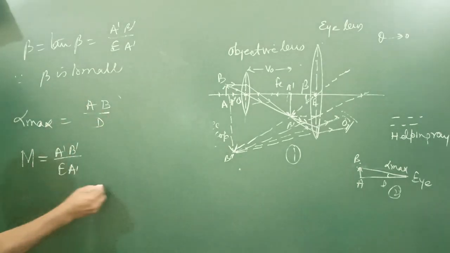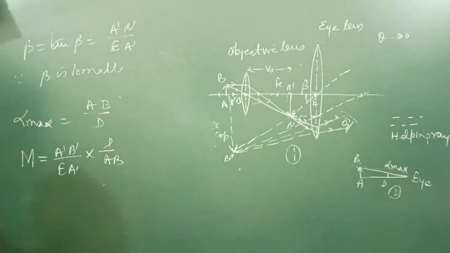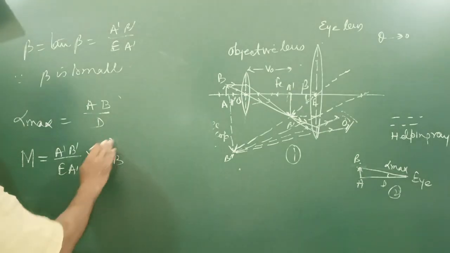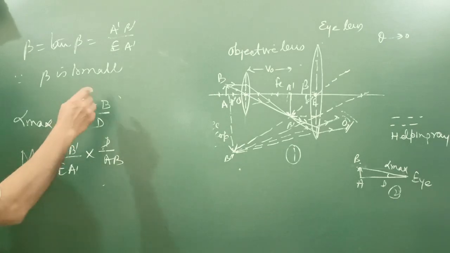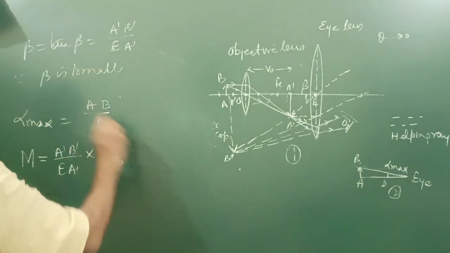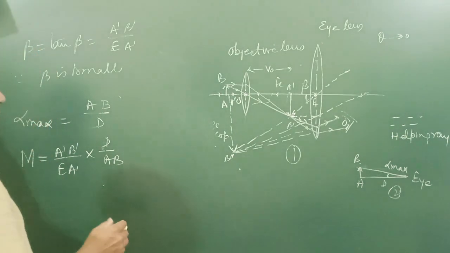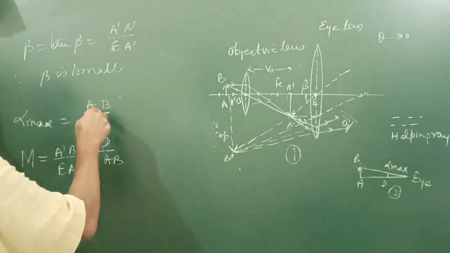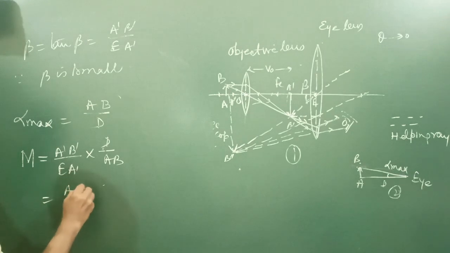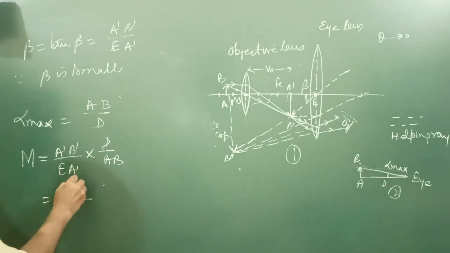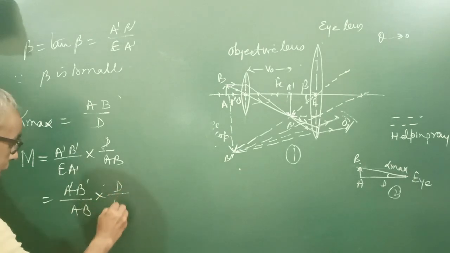When we divide this, D upon AB gets inverted. So M is equal to A dash B dash upon AB into D upon E A dash.